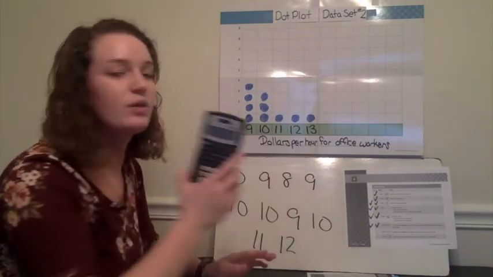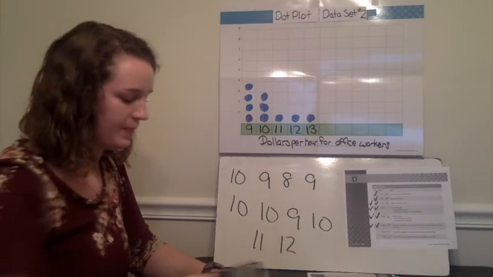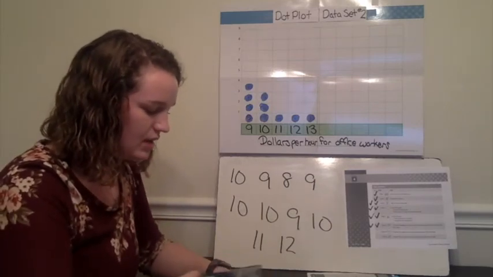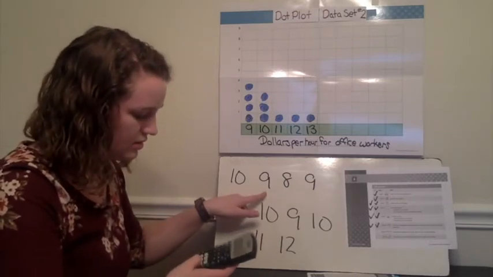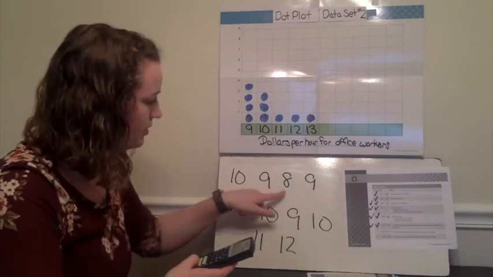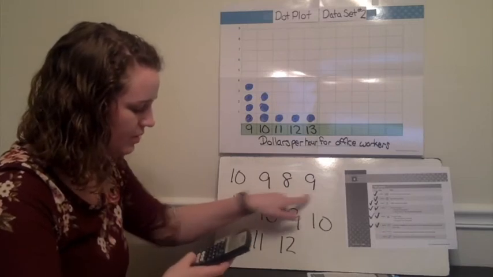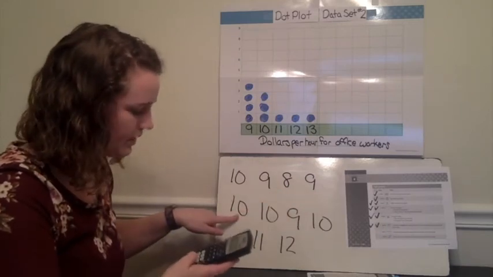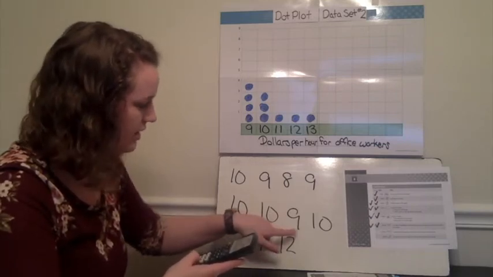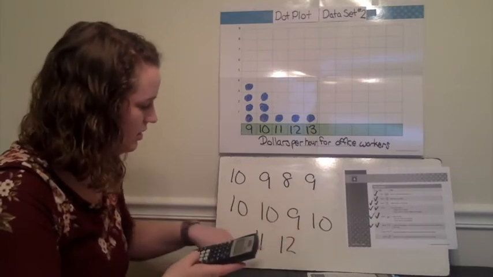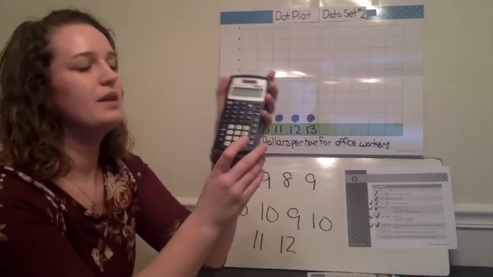Now we're going to need our calculator. So go ahead and pull out your calculator, and we're going to add all those up. So go ahead and turn it on, and we're going to put 10 plus 9 plus 8 plus 9 plus 10 plus 10 plus 9 plus 10 plus 11 plus 12, and then hit the equal sign.